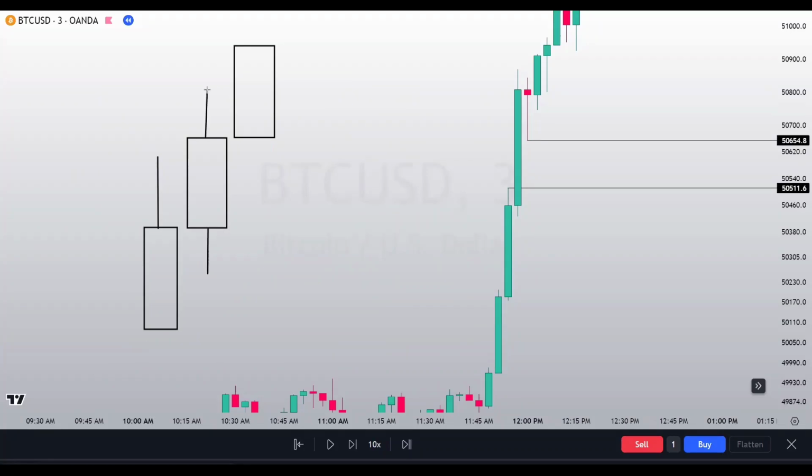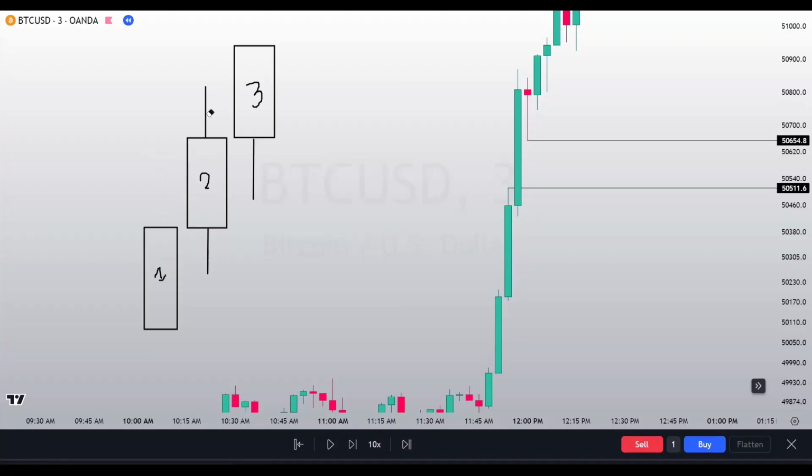We had to have something like this. When we're having this as our first candle, this as our second candle, and this as our third candle, for the market to perform a clear balance, the wick from the first candle has to intersect with the wick from the third candle. That's what we call a balance.